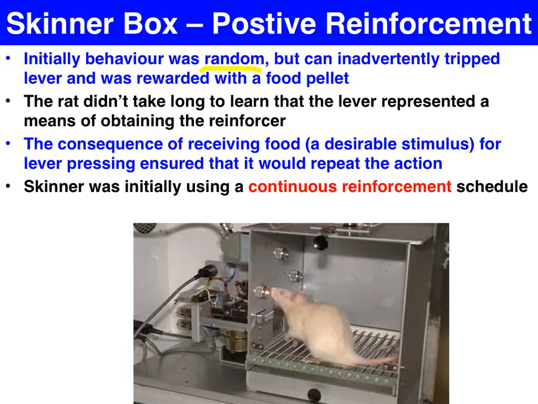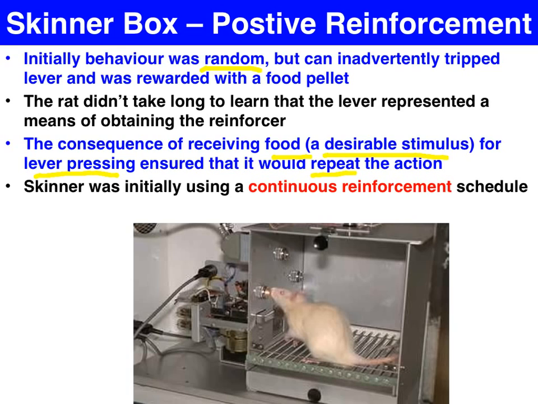Now, it didn't take the rats long to learn that lever pressing resulted in the positive outcome of receiving a food reinforcer. So therefore, the consequence of receiving food, which was the desirable stimulus, ensured that the lever pressing behaviour would be repeated again. This is positive reinforcement.